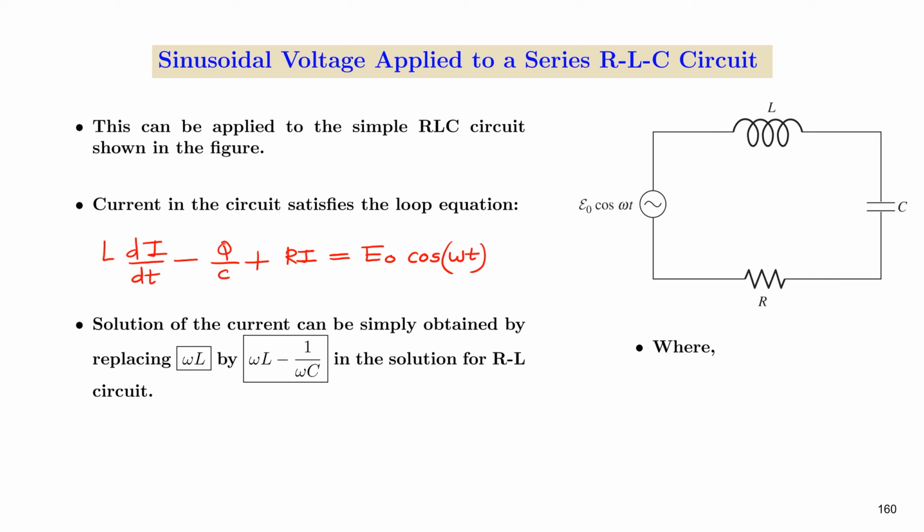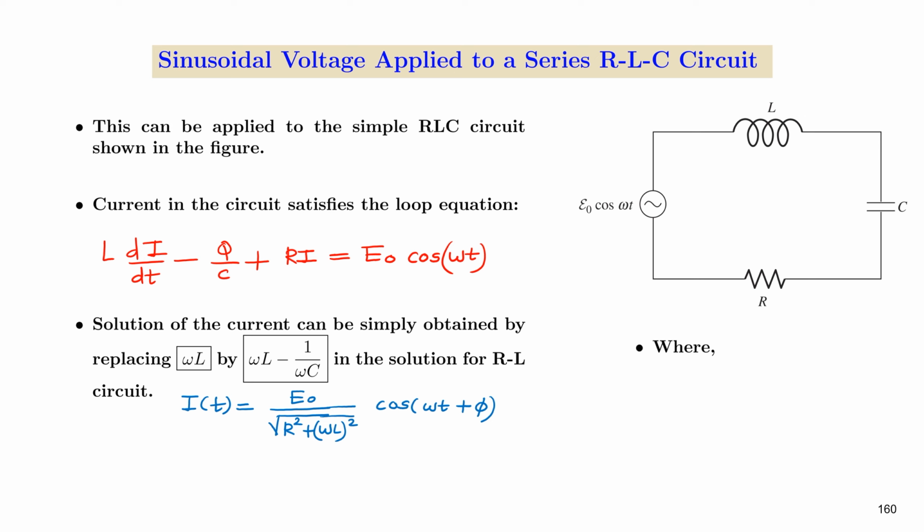That is, we'll consider the solution for the RL circuit and then replace omega L by omega L minus 1 by omega C in the solution. For an RL circuit, we found the solution as I(t) equal to E0 divided by the square root of R square plus omega L the whole square, then cos of omega t plus phi.